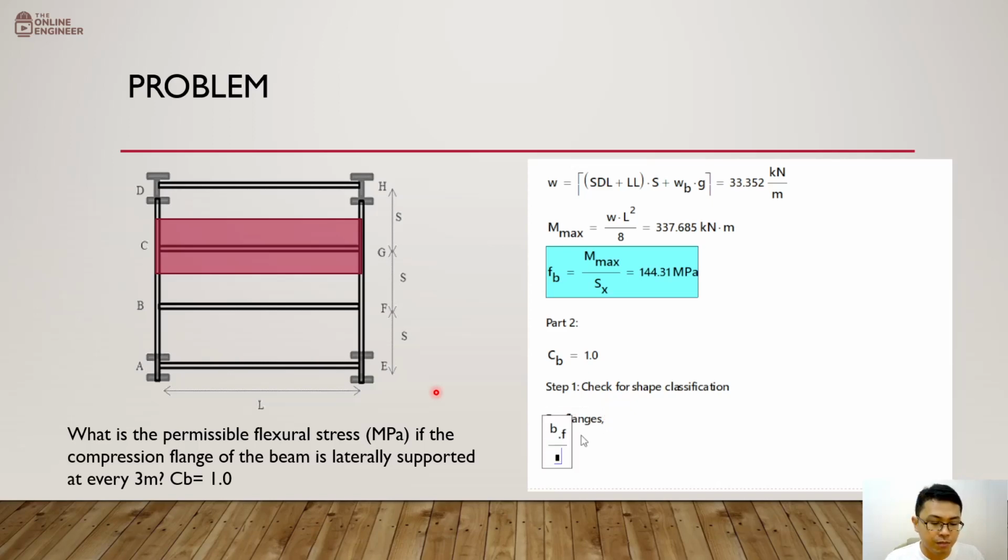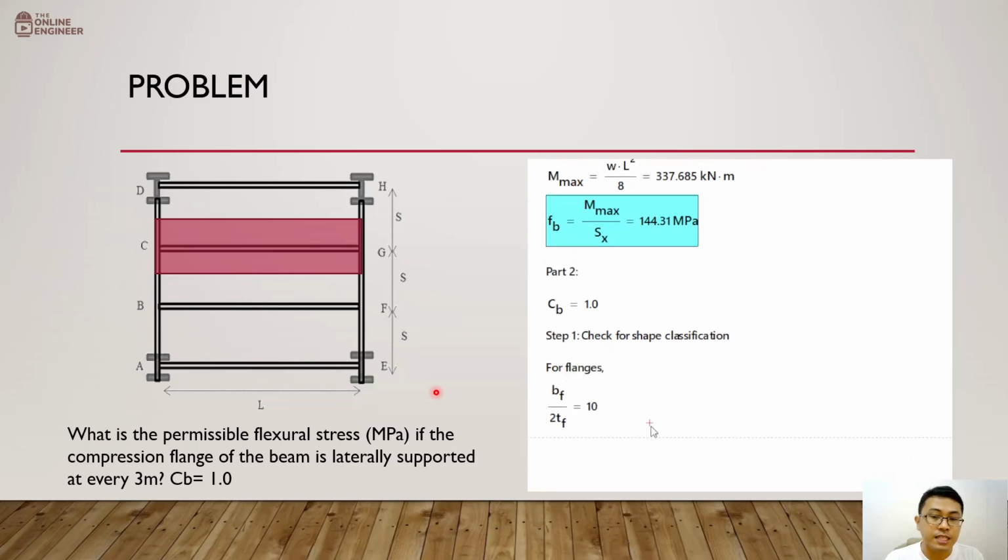We are going to determine the width to thickness ratio of our flange. So this is 10. And we're going to check the limit for the width to thickness ratio for it to be considered as a compact section. That limit is 170 over square root of Fy.